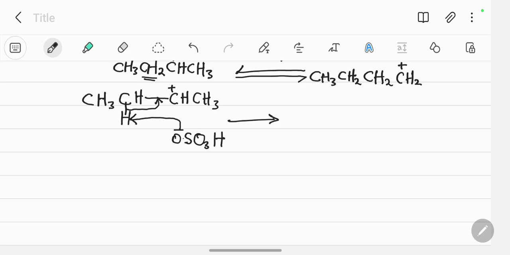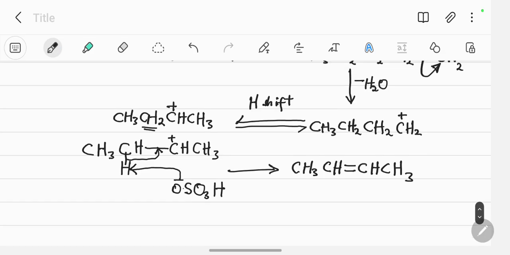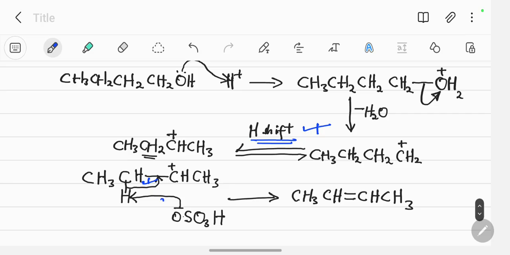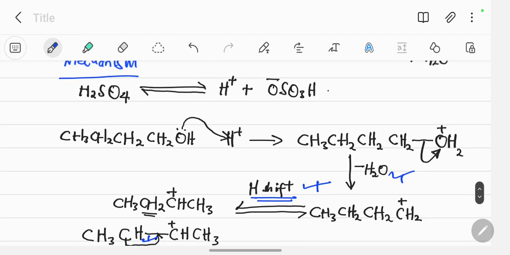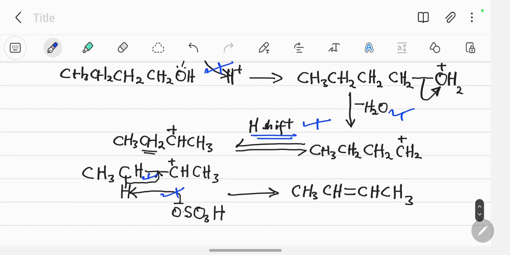So this gives me CH3CH=CHCH3. So what makes this unique is this shift there. Marks are usually awarded on those reaction steps, showing the attack, the loss, and the end result.